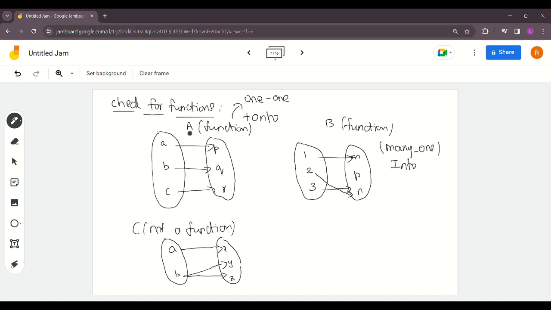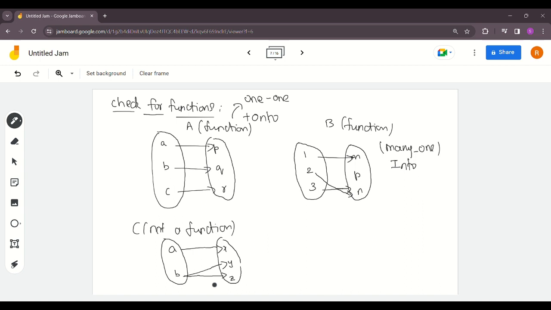A is an example, B is also an example, and C is another example. But if you see in C, A is mapped to X, that is, a student is mapped to a teacher, but you have a single student mapped to two different teachers. This is possible only when they are studying different subjects.